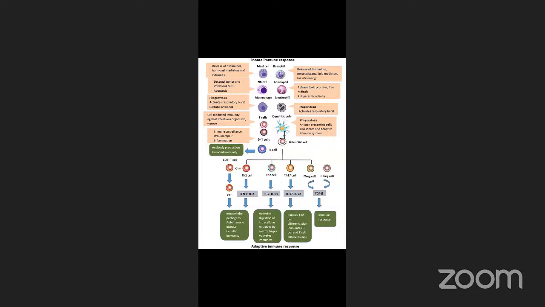Do you know the meaning of apoptosis? What is apoptosis? Programmed cell death. Yes, whenever this granzyme is released from the TC cell, it goes and enters into the infected cell or foreign body, that may be a bacterium or parasite, and this enzyme binds with the caspases.